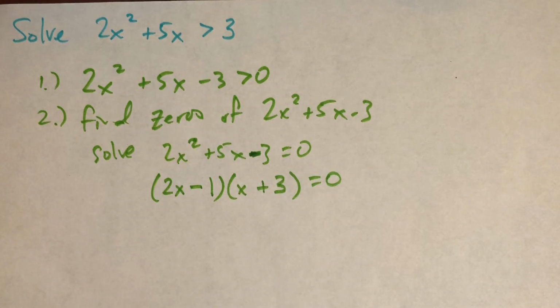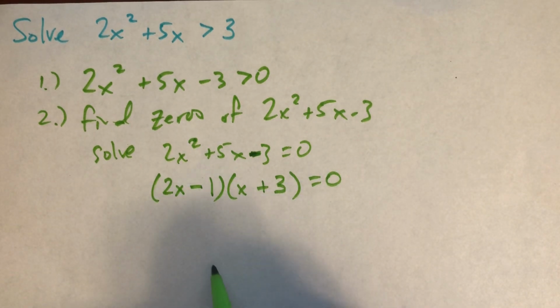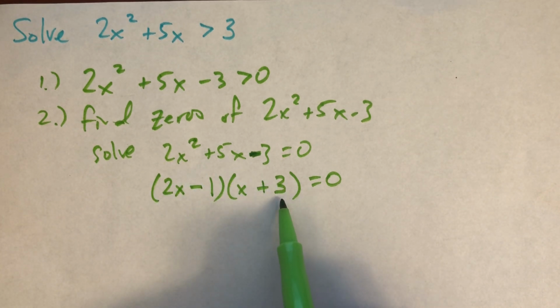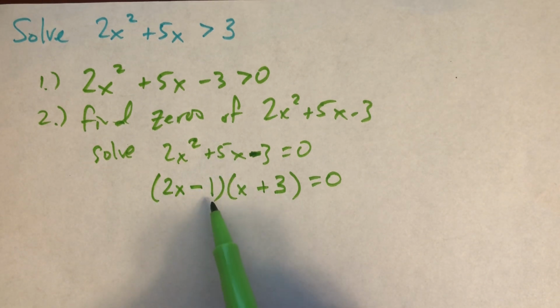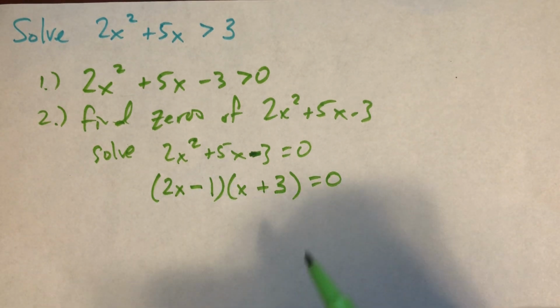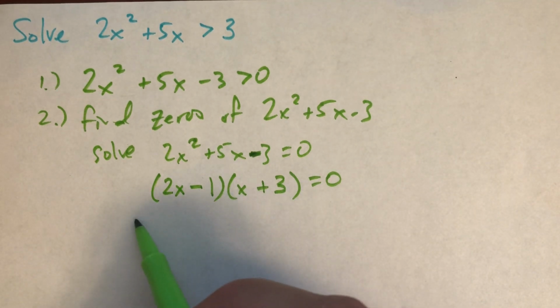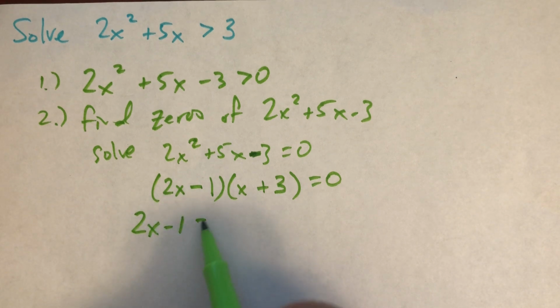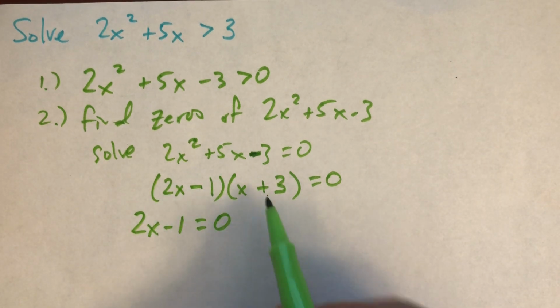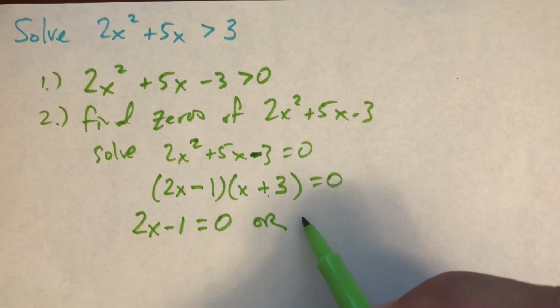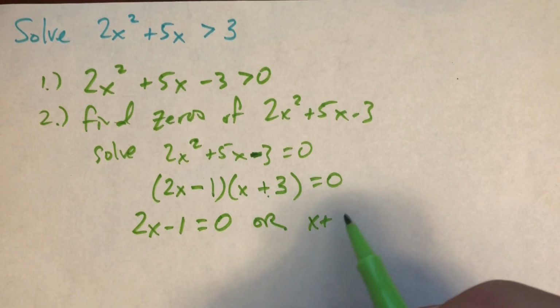We can multiply it out to verify it works. 2x times x would be 2x squared. 2x times 3 would be 6x. Minus x gives us 5x for that term, and then minus 1 times 3 would be negative 3. So it did work, and we can solve this pretty quickly, right? When we have a product equal to 0, one of those factors has to be equal to 0.